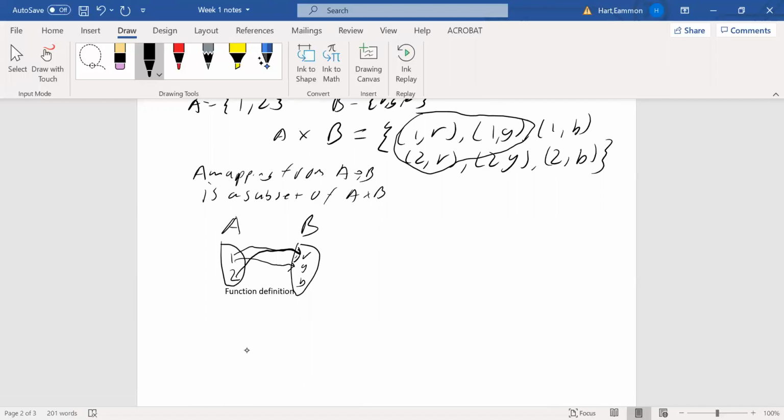For it to be a function, it would have to have only one arrow coming out of each of these guys. This guy has 2 arrows coming out of one.